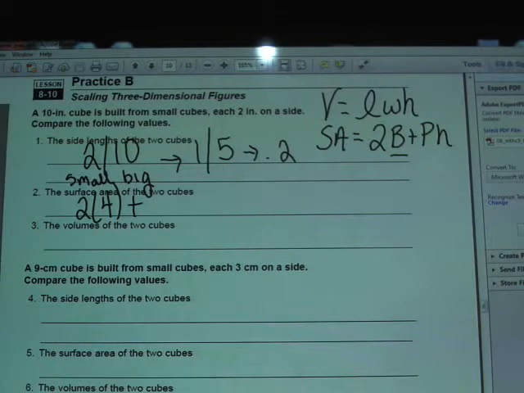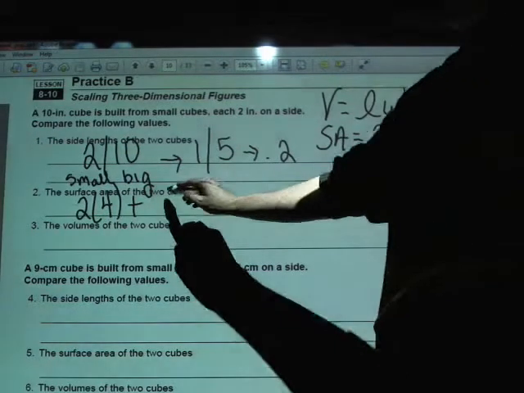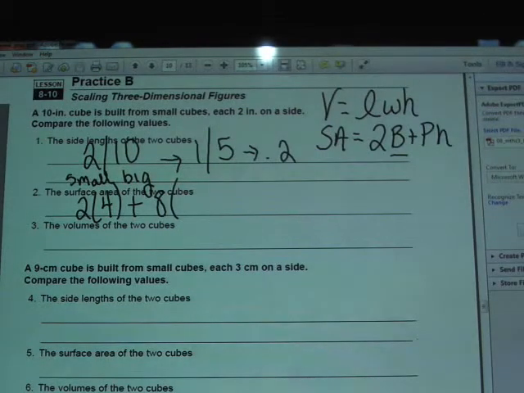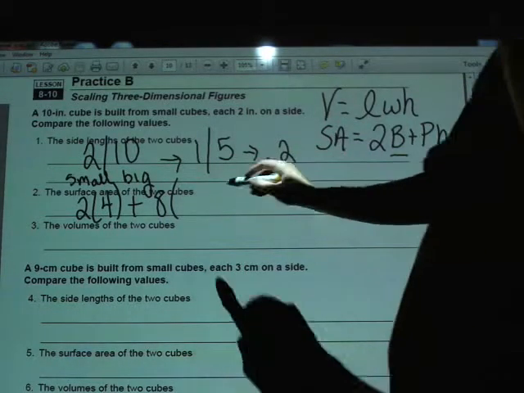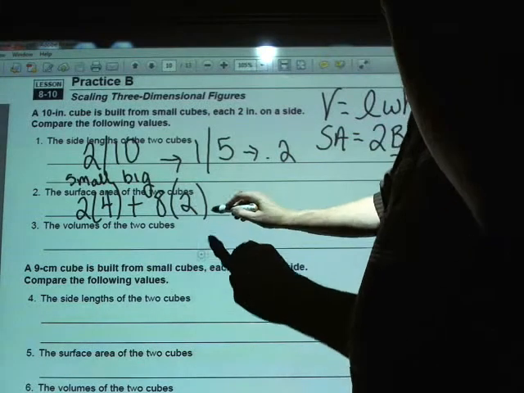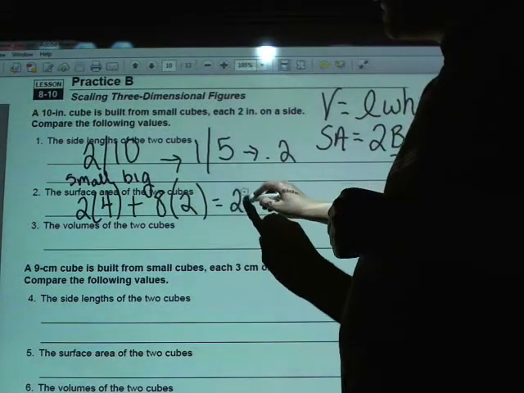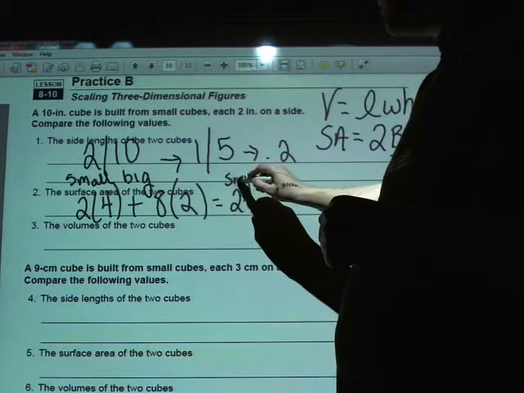So 2 plus 2 plus 2 plus 2, which is going to go together to make 8, times the height of that prism there, which is also the same number, 2. So we've got 8, 2 times 4 being 8, and 8 times 2 making 16, 8 and 16 making 24 for the small guy.